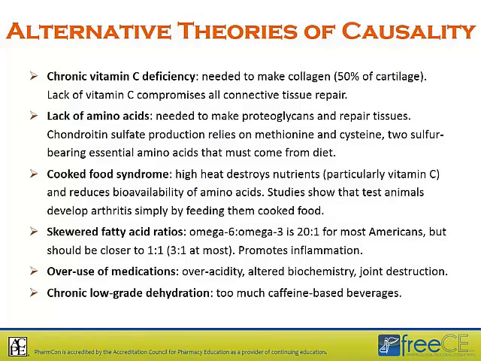Another alternative theory involves a lack of essential amino acids, in particular methionine and cysteine, which are 2 sulfur-bearing essential amino acids needed to make proteoglycans and repair tissues. Therefore, it's possible that vegetarians are at higher risk of OA because most plant-based foods do not contain all of the essential amino acids.